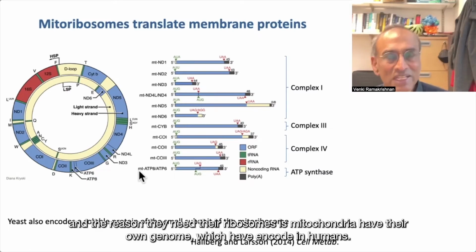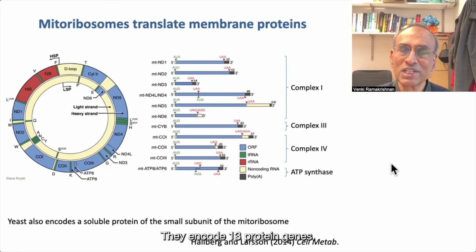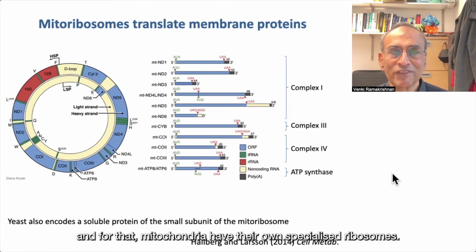And the reason they need their own ribosomes is that mitochondria have their own genome, which in humans encodes 13 protein genes. So these 13 proteins have to be made by translating the mitochondrial genome. And for that, mitochondria have their own specialized ribosomes.